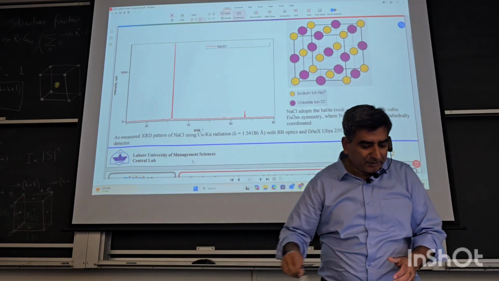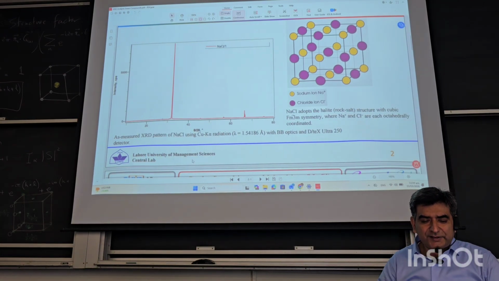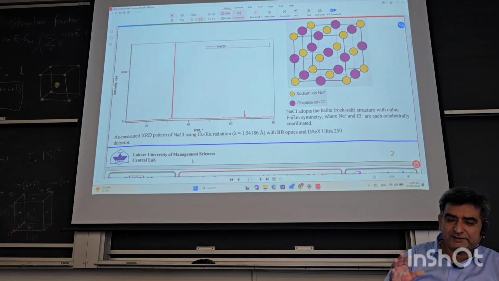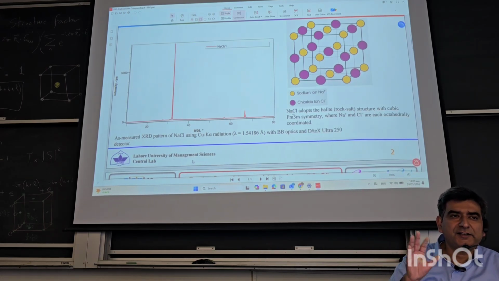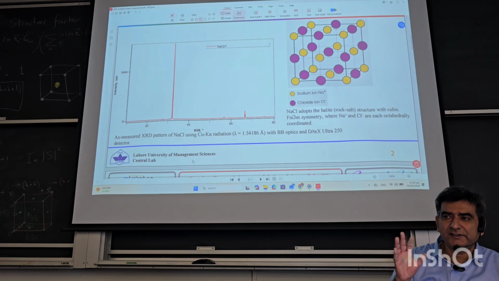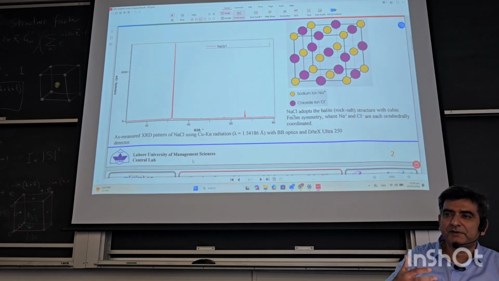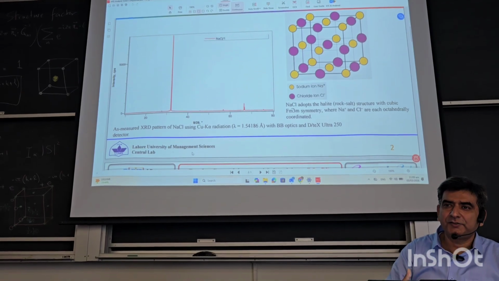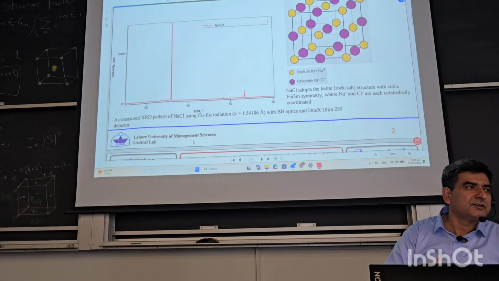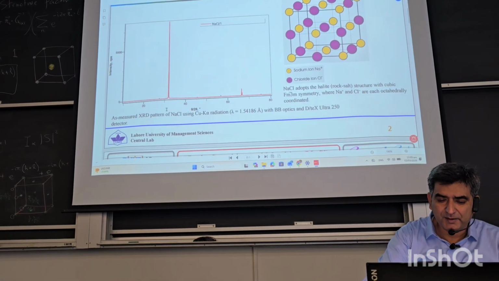So this is sodium chloride, and then you take this spectrum and you would like to match it. You have a trial solution, a trial spectrum, and then you look at whether your experiment matches that prediction. And if it does, you can refine it further using precise algorithms.